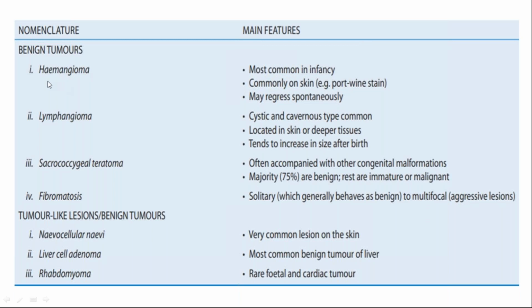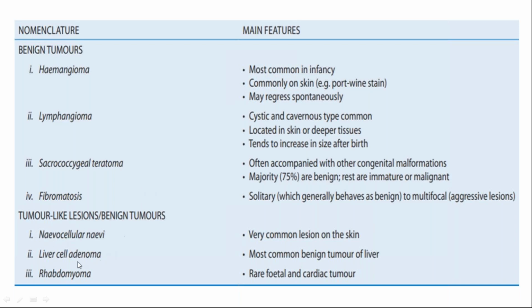First one is hemangioma, that is proliferation of blood vessels. Hemangioma means capillaries. Tumor of blood vessel is hemangioma. Tumor of lymphatic channel is lymphangioma. Next, sacrococcygeal teratoma. Last one is fibromatosis.